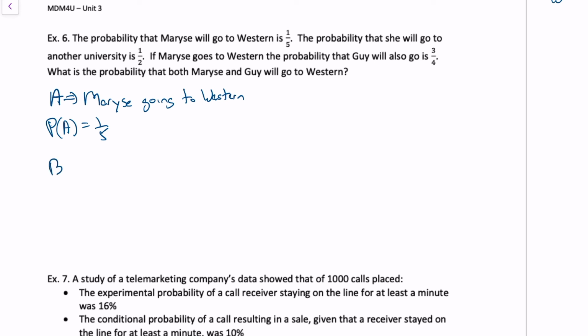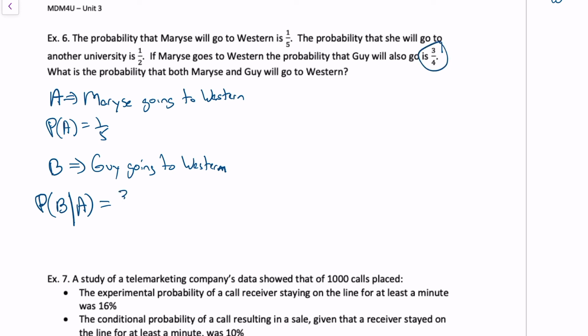And then let's say the second thing is B is Guy going to Western. And we know in this case, not that probability, but the probability of B given A is, if we go back here, the 3/4. So the probability that Guy goes if Maurice goes.